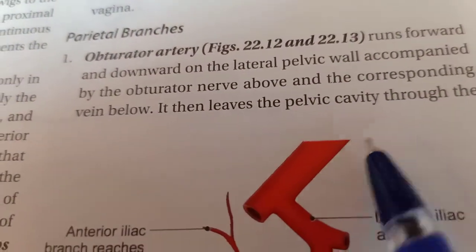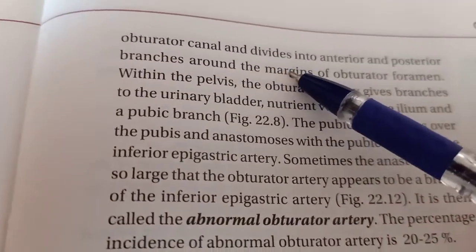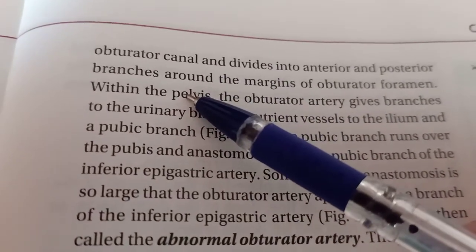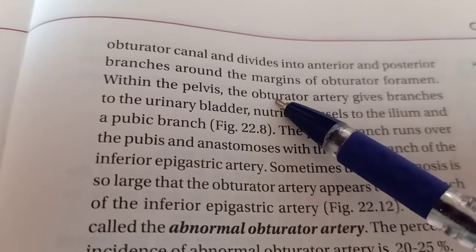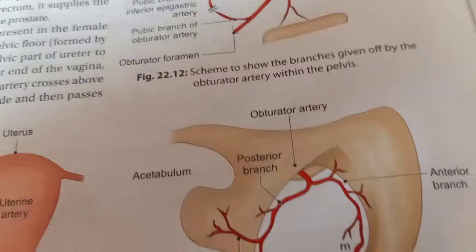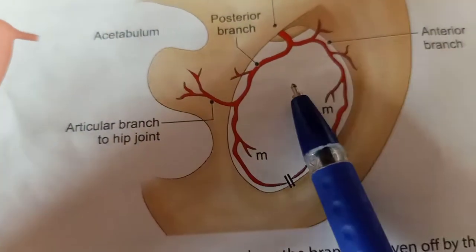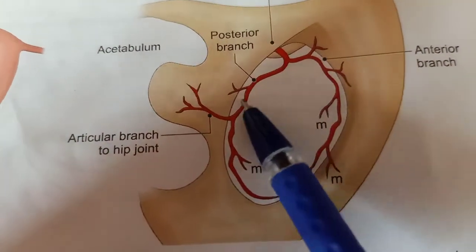Now, how does the obturator artery proceed? It leaves the pelvic cavity through the obturator canal, and it divides into anterior and posterior branches around the margins of the obturator foramen.